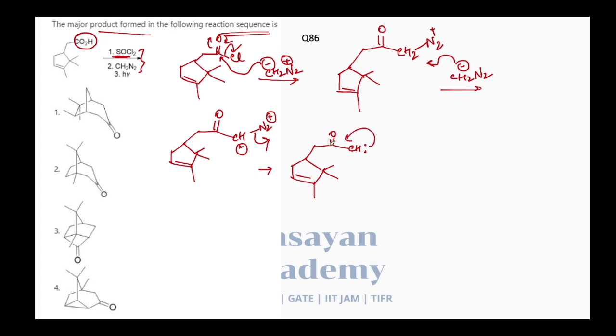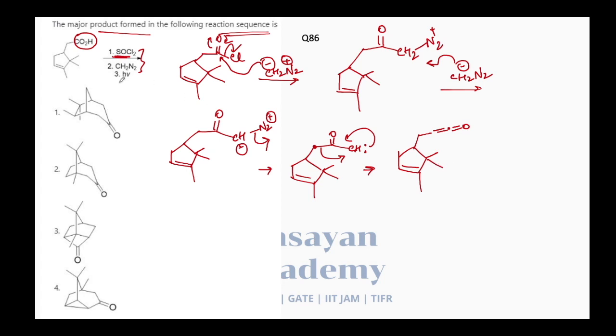See, if we try out this possibility, there's one carbon over here, this is another. So this carbon is migrating on to this carbon, alright, which has formed a double bond with the carbonyl in this way. Alright, so this is the molecule.